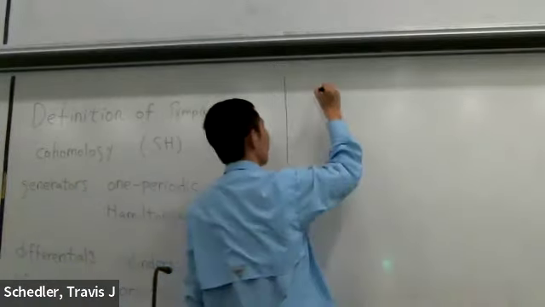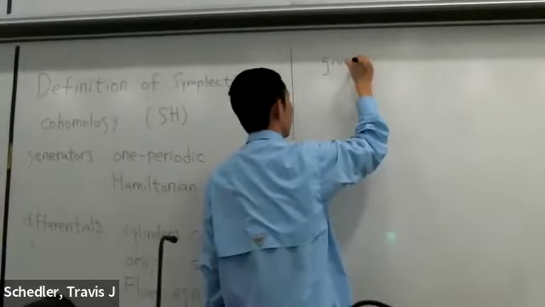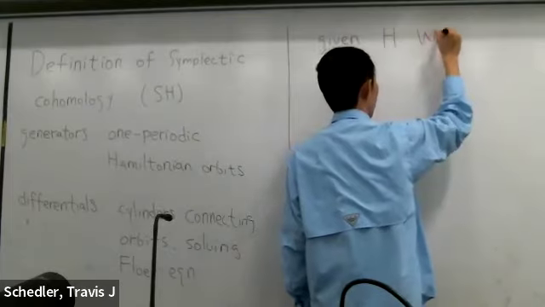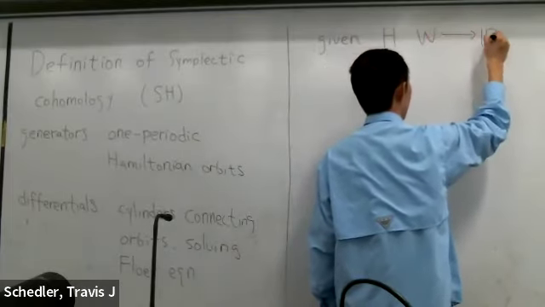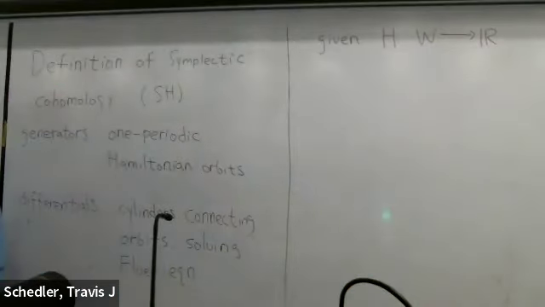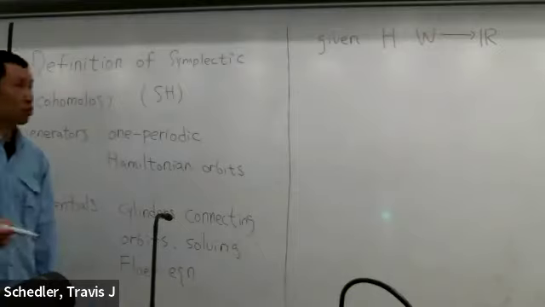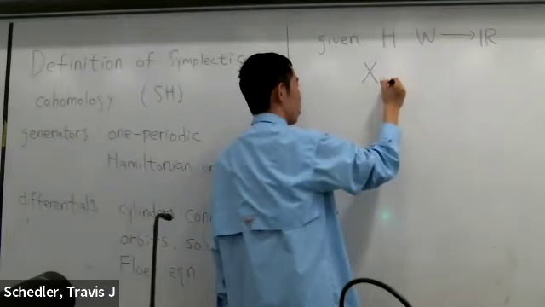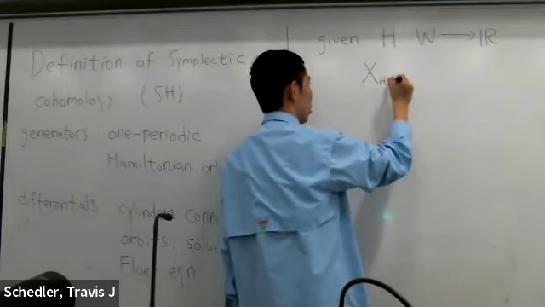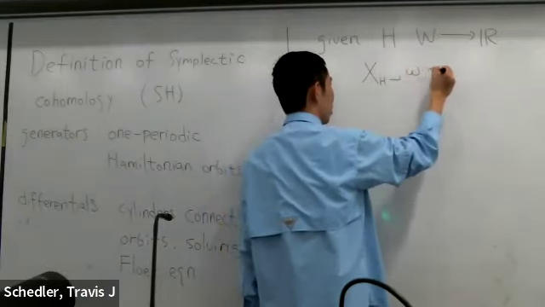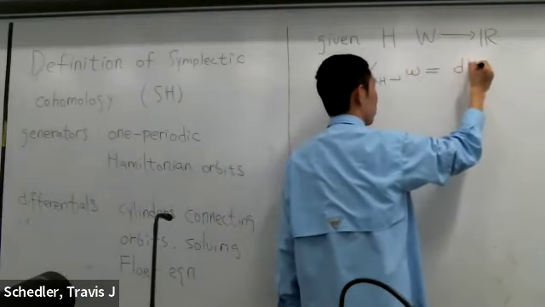Given some real-valued function H on our symplectic manifold, we can associate to it a smooth vector field, uniquely determined, denoted X_H, such that if we plug X_H into omega, we get dH.